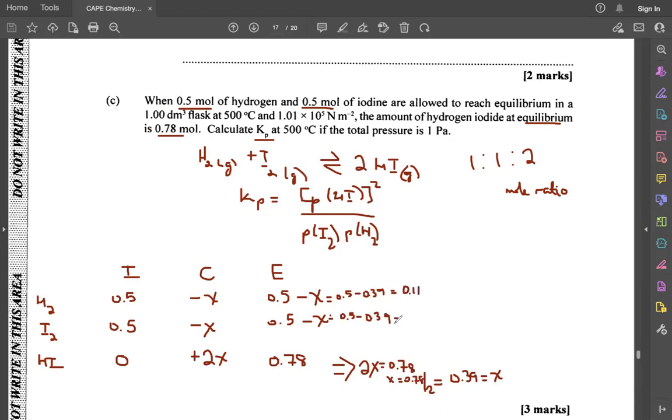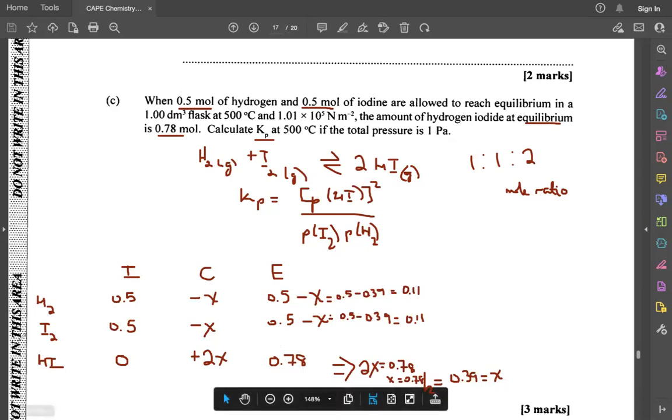That's the number of moles of each of these that we have at equilibrium, right? So we know that at equilibrium, we have 0.11 moles of H2, 0.11 moles of I2, and then 0.78 moles of HI, right? So now we have to convert those moles into partial pressures, right? The way that we do that, let's start with the HI.